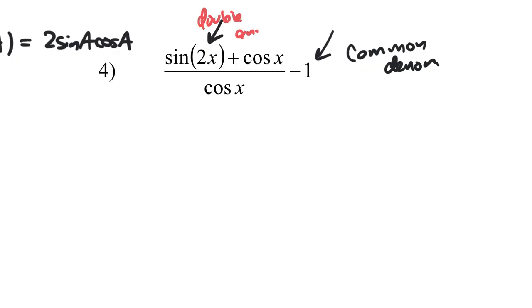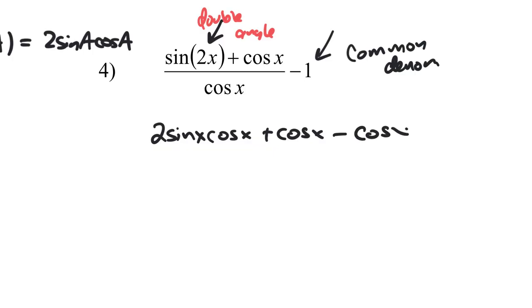Right? I'm going to do both those things as my first step. So I'm going to write this as 2 sine x cosine x plus cosine x. Well, the common denominator of 1 is going to be cosine x, so minus cosine x all over cosine x.